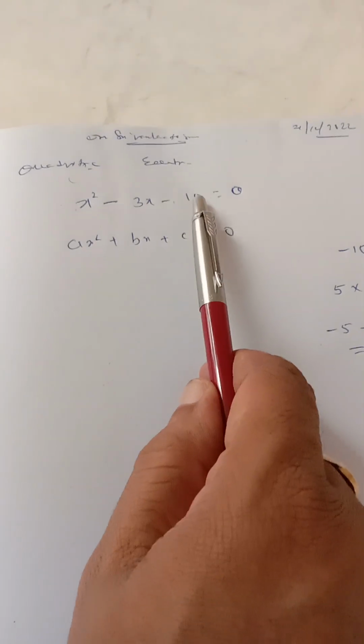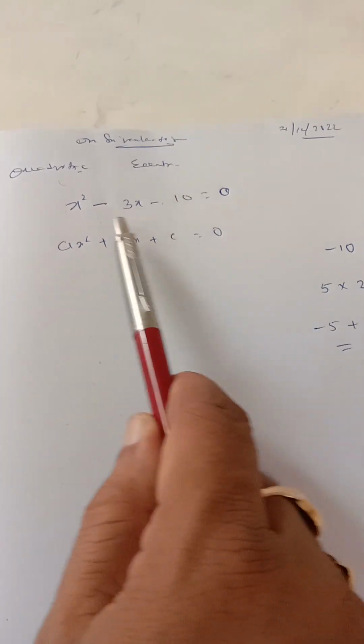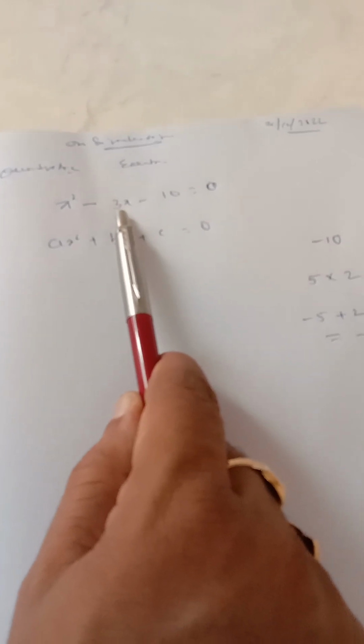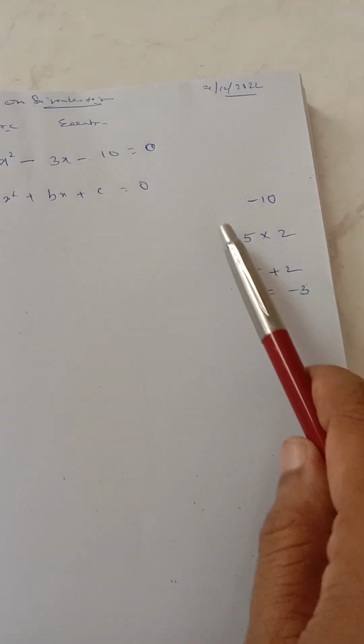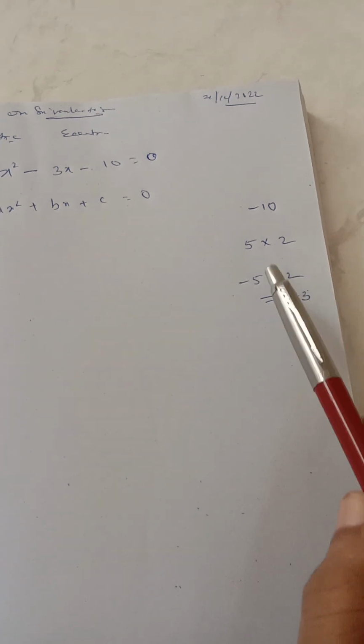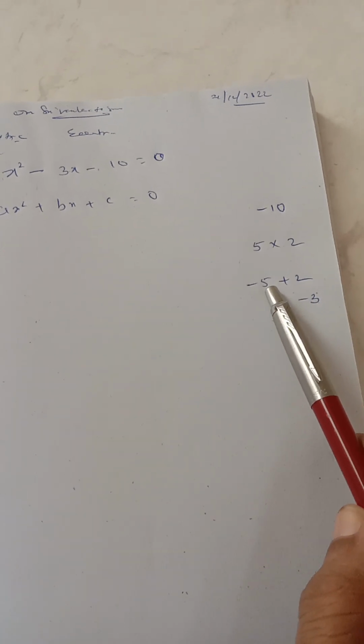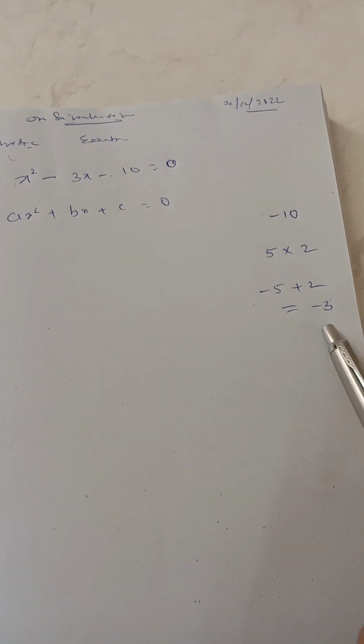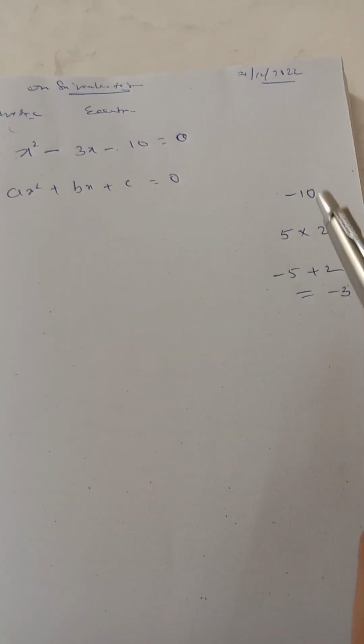So we have to factorize this term so as to get minus 3. I put minus 5 because I have to get minus 3. Minus 5 plus 2, then only I will get minus 3. So that is the logic.